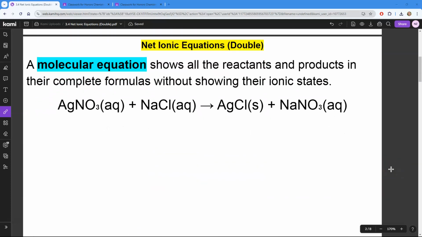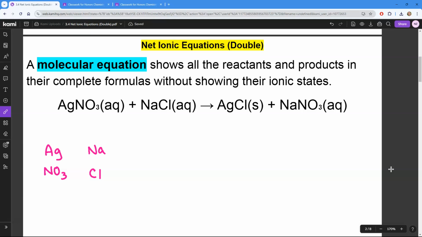So all of the equations that we've been writing have been molecular equations. Molecular equations show the reactants and products in their complete formulas without showing their ionic states. So when we've written these formulas out, we've started by listing out all of the ions. So I have silver, I have nitrate, I have sodium, and chlorine.